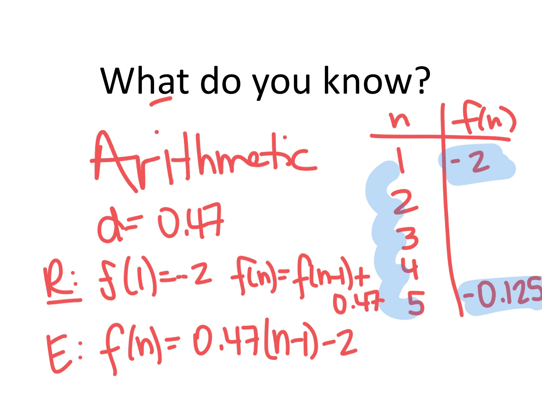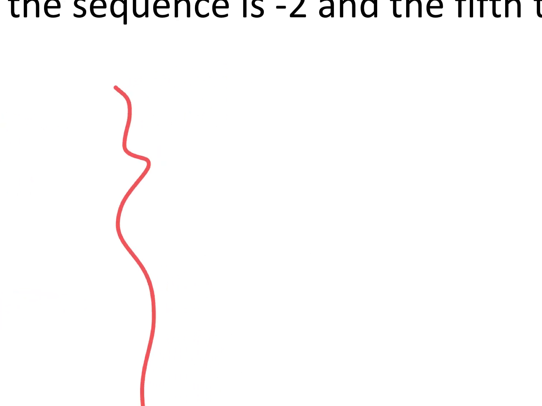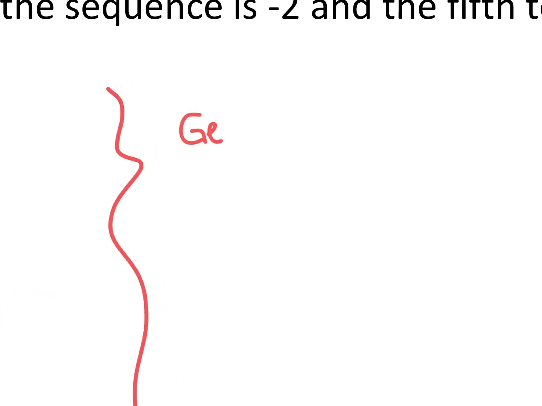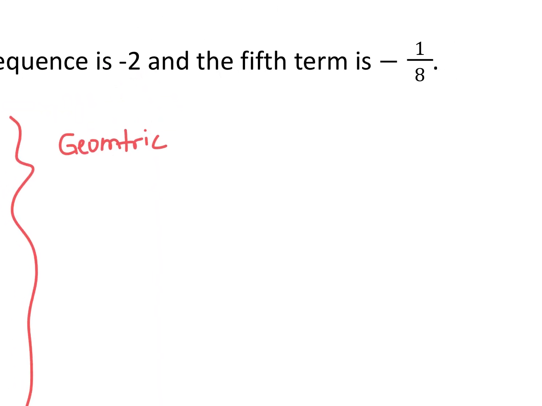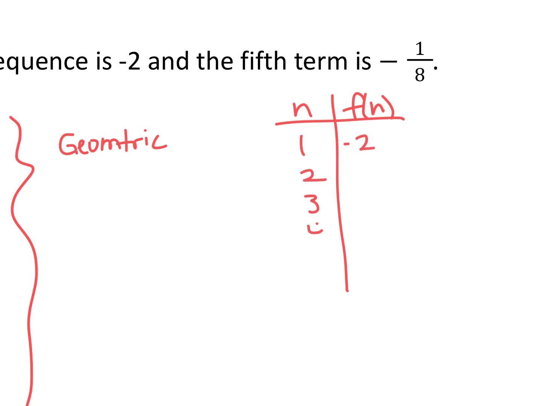So let's see what if we treated this geometrically. What would it look like? Okay, so let's say it was geometric. Let's do the table for that. N, f of n. The first term is -2. The second, third, fourth we don't know, but we know the fifth is -0.125.